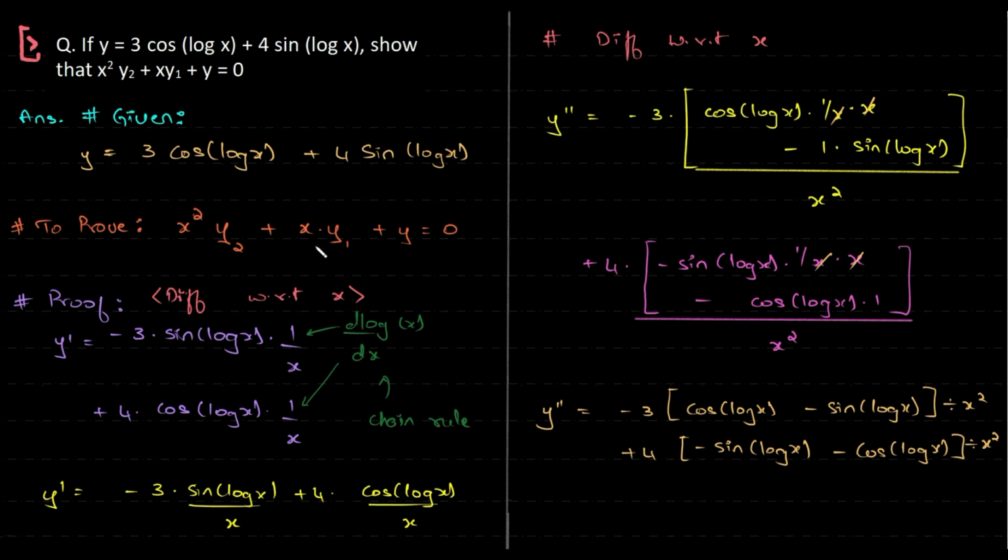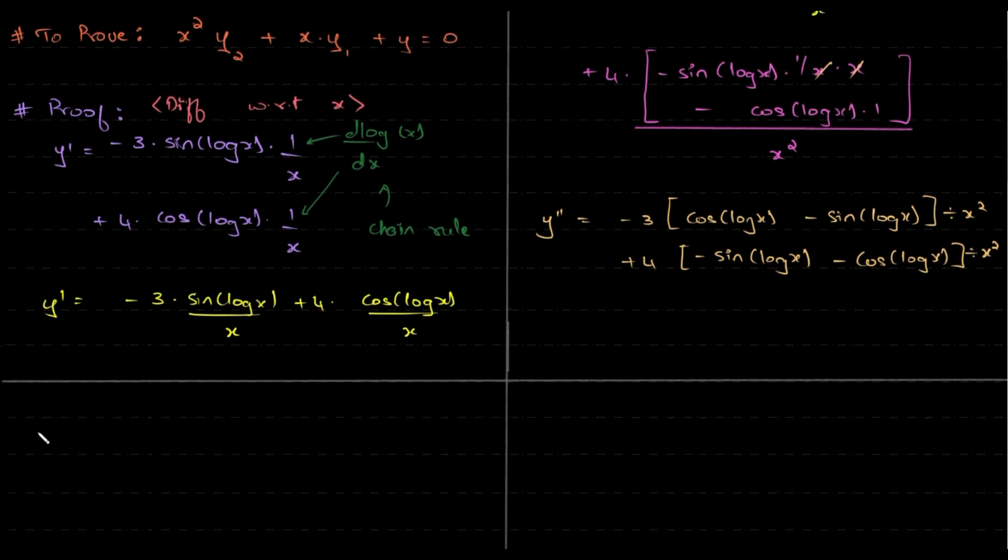And we have x with your first order derivative of y. So we can multiply with over there and it would be okay. So we'll consider the RHS. So that would be x square times of your second order derivative.